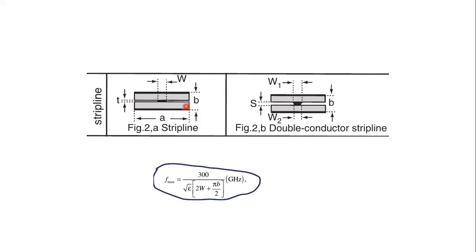Okay. Now, if you look at the structure, the issue with the strip line is what? Even though this transmission line is low-loss, the problem is that you cannot integrate this transmission line easily with electronic components. That becomes a little difficult.